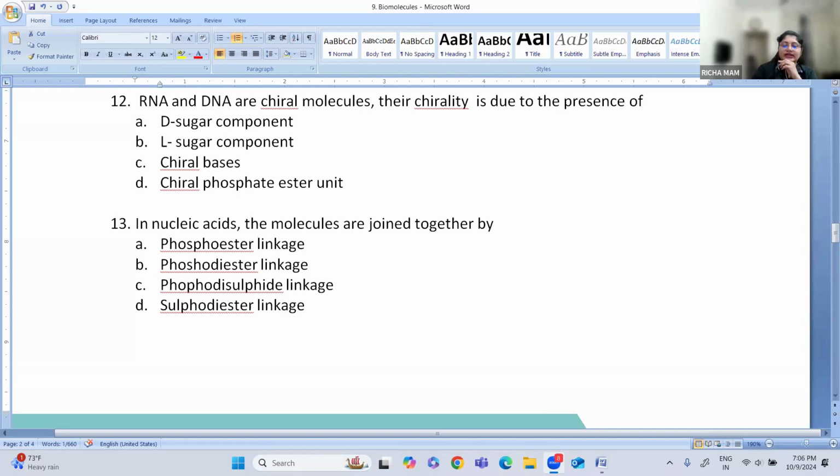It is by phosphodiester linkage. Remember that, don't forget, very important. They are joined together by a phosphodiester linkage.